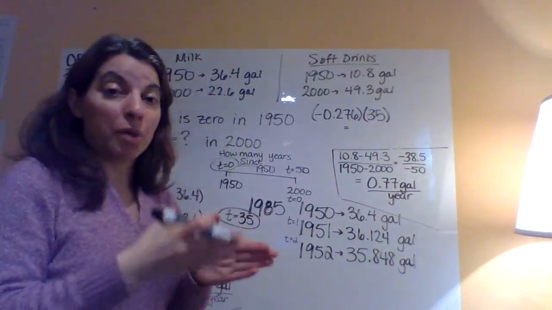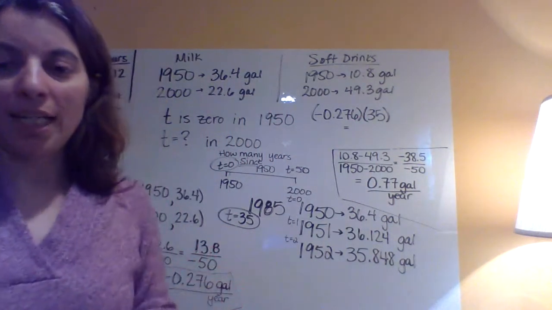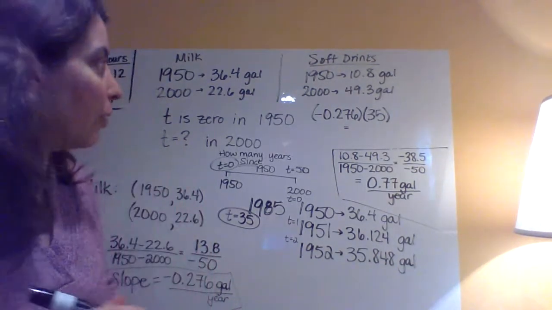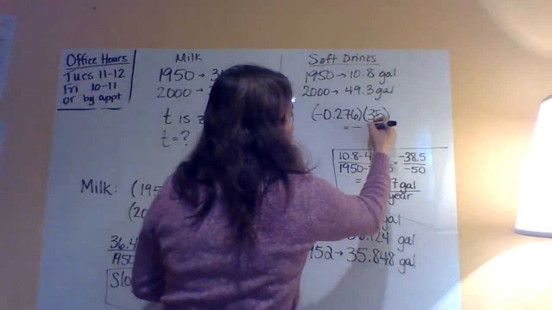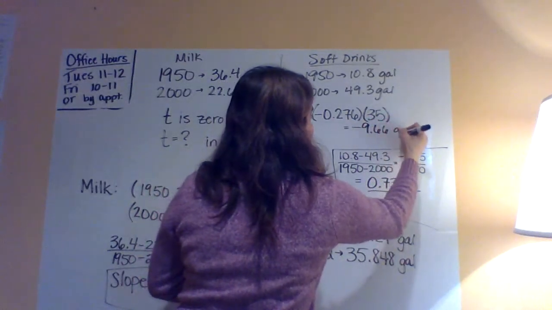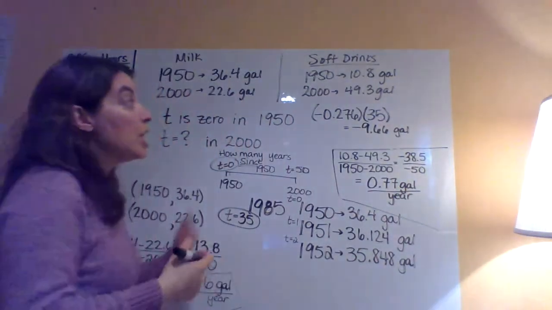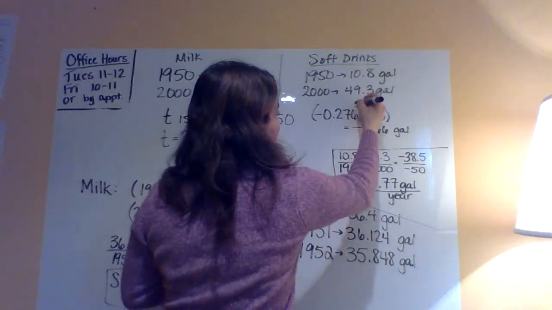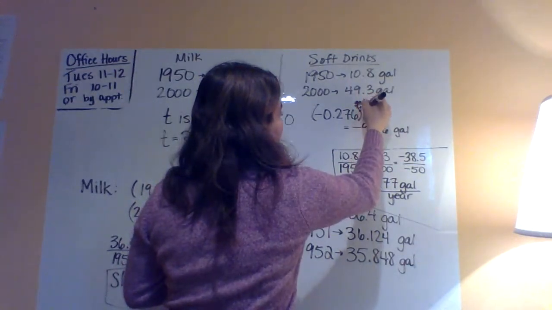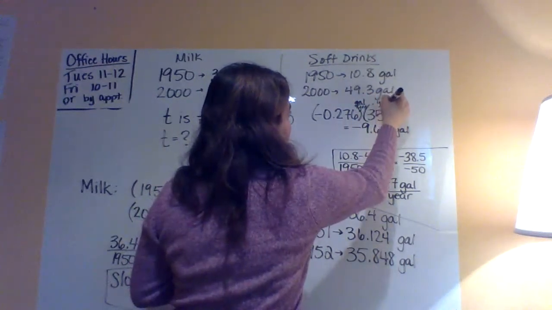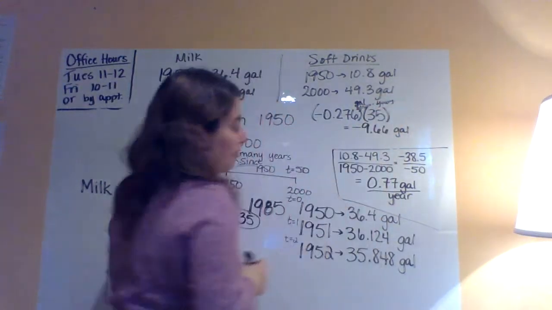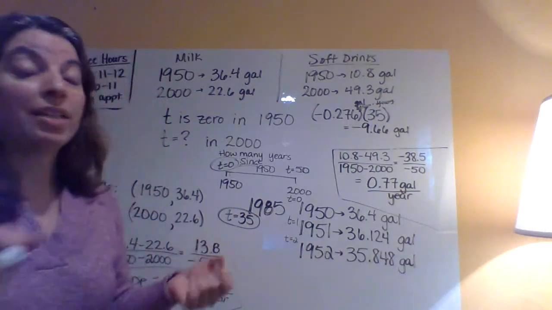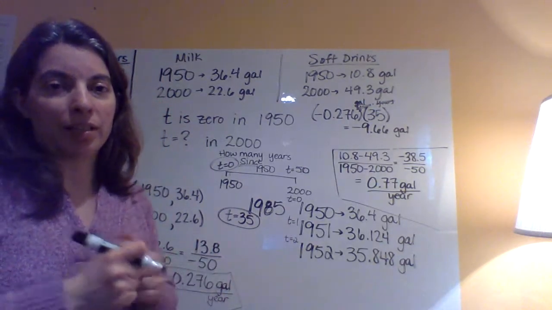So overall, between 1950 and 1985, the milk consumption has gone down 9.66 gallons, right? If you think about dimensional analysis, that's really what we're doing here. We're saying this is gallons per year times 35 years. We're left with gallons. Okay, so it's gone down 9.66 gallons.